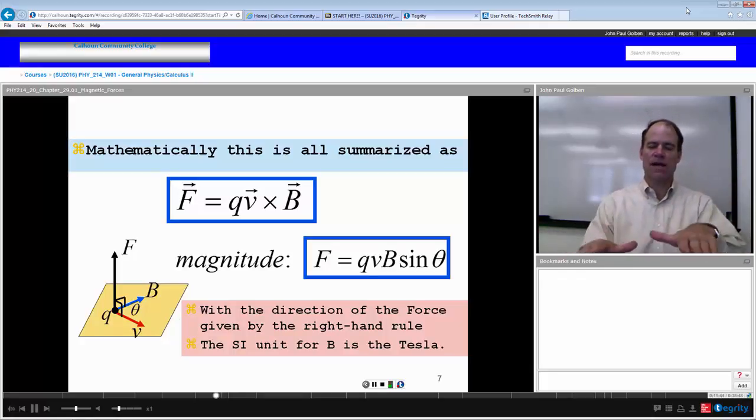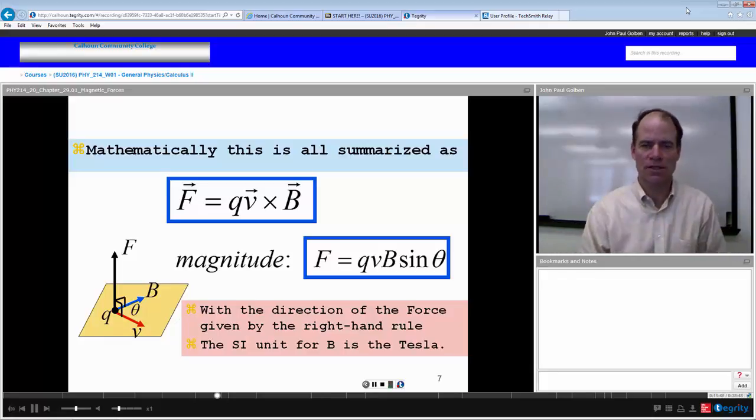Velocity and magnetic field will form a plane, and the force will be perpendicular to that plane. If the charge is negative, you would do the cross product, and then you would flip it 180 degrees to get the direction of the force for a negative charge.